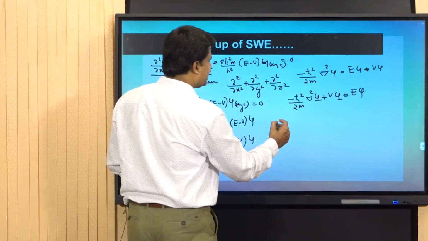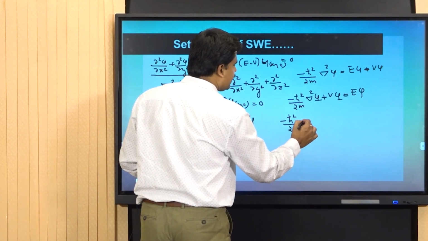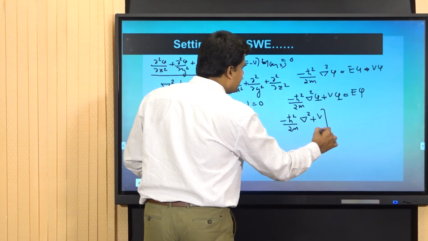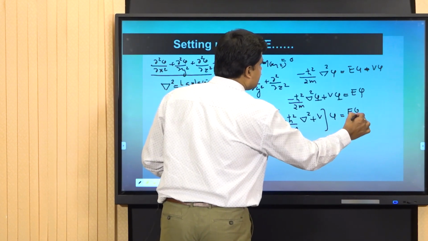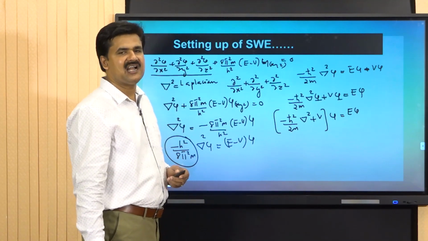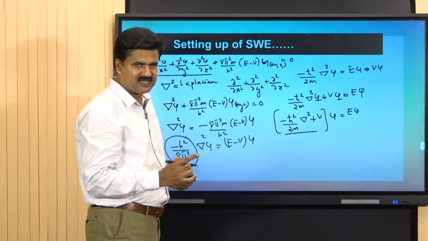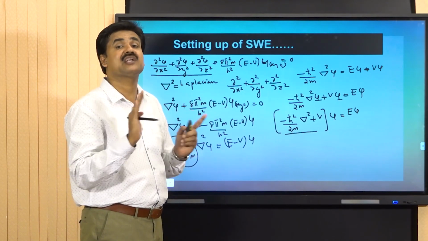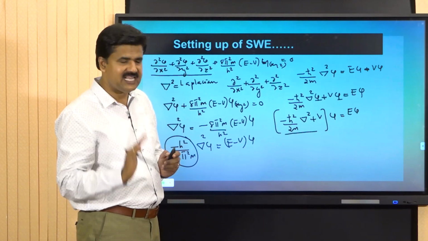That is, we get minus h cross square by 2m del square plus V into psi is equal to energy into psi. We already learned that the term inside the bracket represents an operator which corresponds to total energy, that is kinetic energy and potential energy.